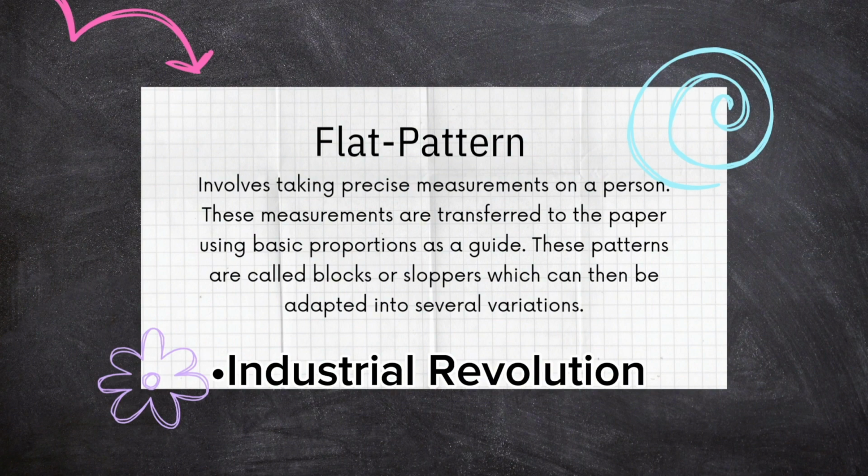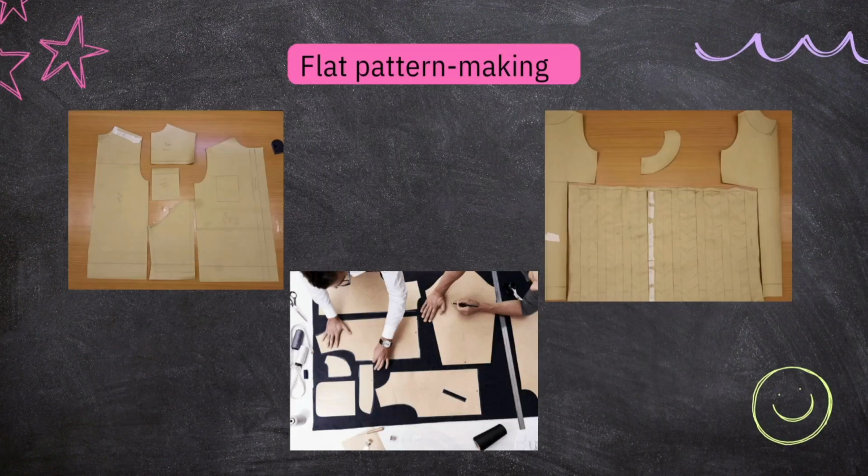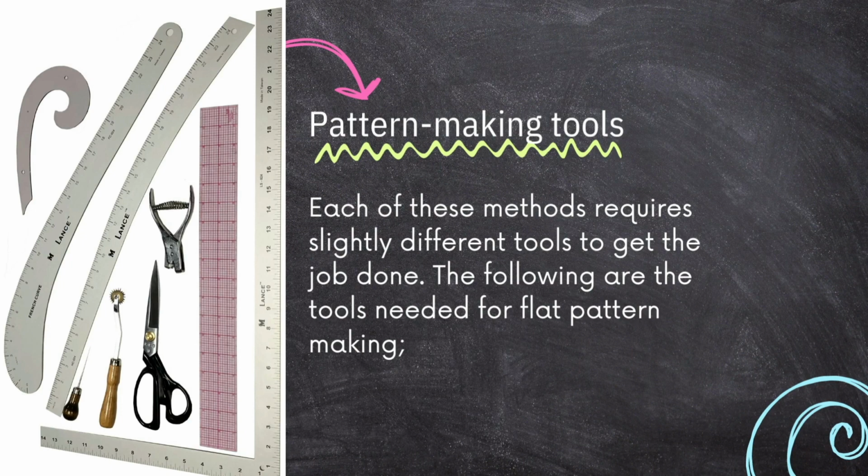They can later be adapted into different variations if you wish. So that is, in simplified form, the different types of pattern making. All these different forms can be used individually and they can also be combined together.